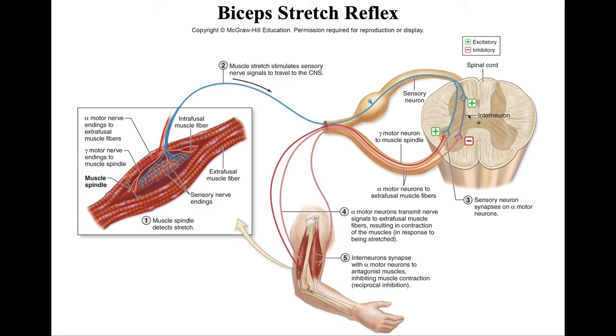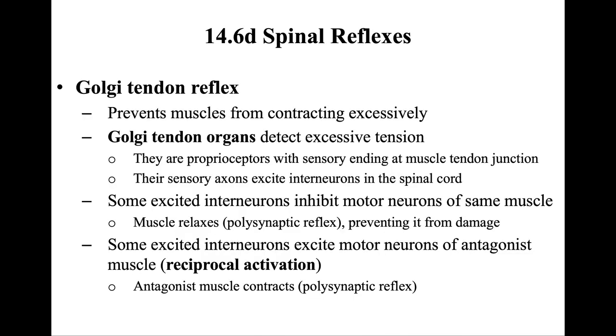Then it goes to the spinal cord. Here's our interneuron as before, and then on one side, for one muscle, it may say contract. On another muscle, it may say relax, because you don't want both muscles contracting at the same time. So one muscle is told to relax, one muscle is told to contract. And that's how that works. That's page 568. Okay, moving on.